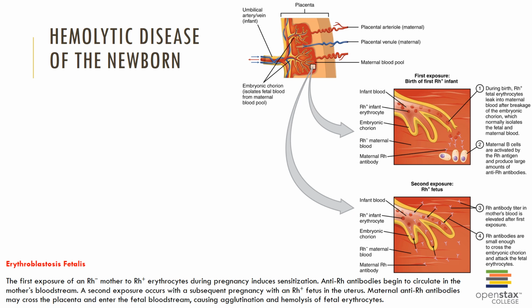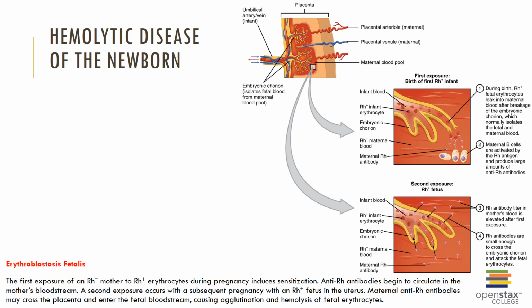The first child is usually fine because there's no mixing of maternal and fetal blood during the pregnancy, but there can be during delivery, which would make the second pregnancy at a very high risk because the mother would develop antibodies against the Rh positive blood that was introduced during delivery.